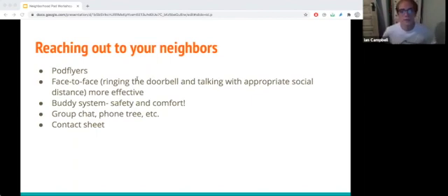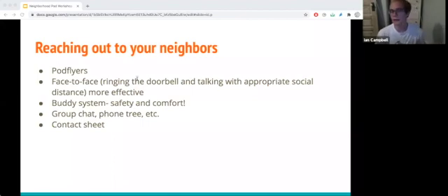We found much better success if you physically knock on people's doors, leave the flyer, and maybe step back a ways to maintain social distancing, but explain what you're doing so they don't just throw away your paper thinking it's an ad. It really does help when people can put a face to a name.